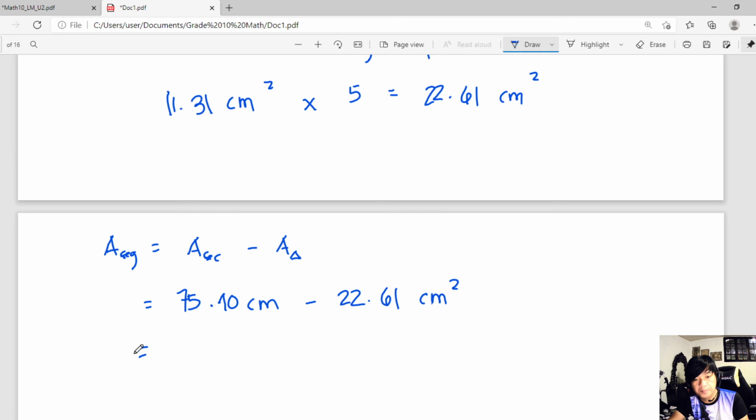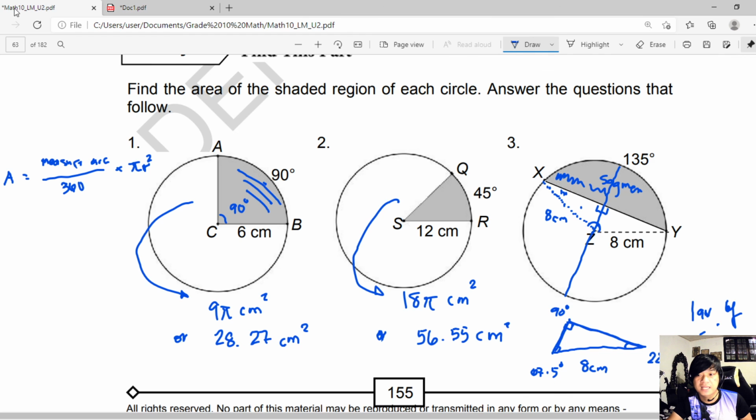We use approximately here because we have rounded off a lot already, and some values involve pi. So the area of the segment is equal to 52.79 centimeters squared. Let's go back to the example.